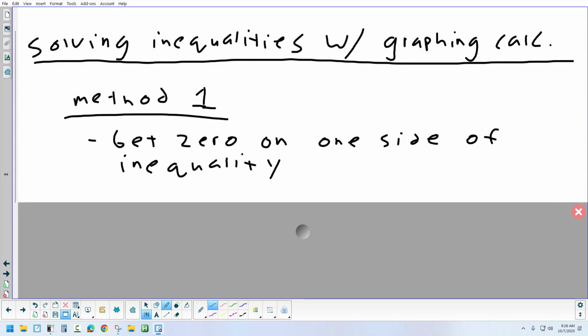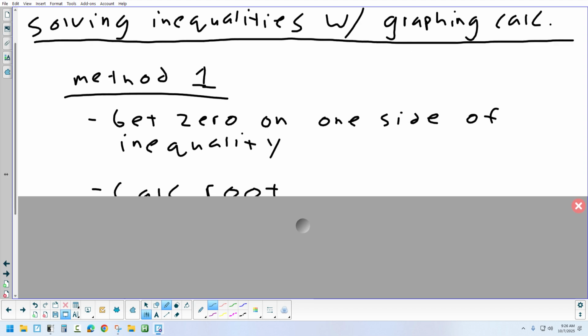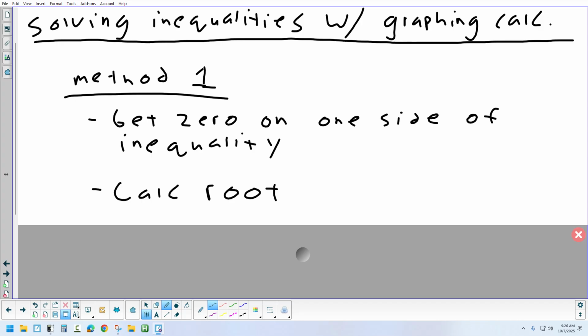Kind of like getting an equation equal to 0. Get 0 on one side. And then we're going to use the root or 0 feature.